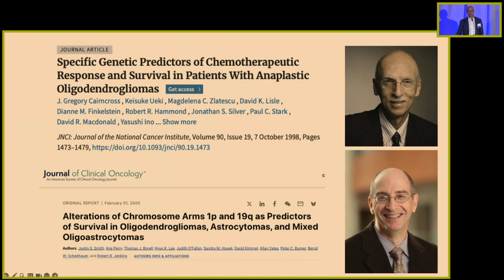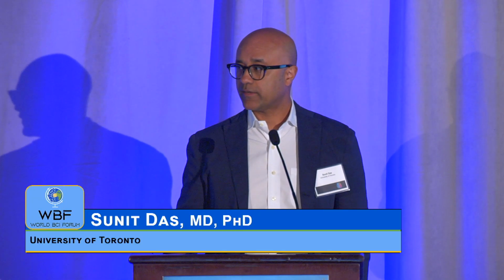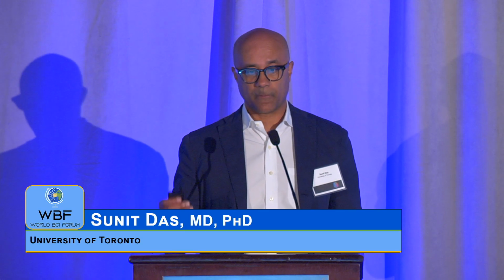In particular, Greg and Bob identified that patients who had tumors with 1p and 19q loss, so chromosomal events, had favorable outcomes, both in terms of the natural history of the cancer and in the response their tumors had to our available therapies.